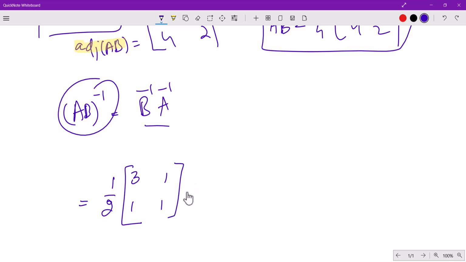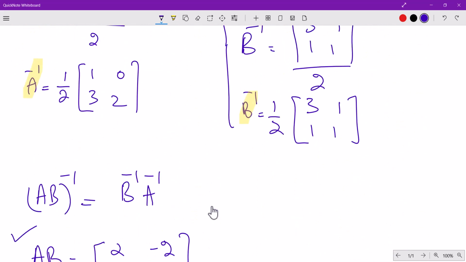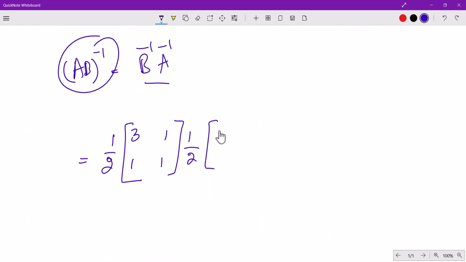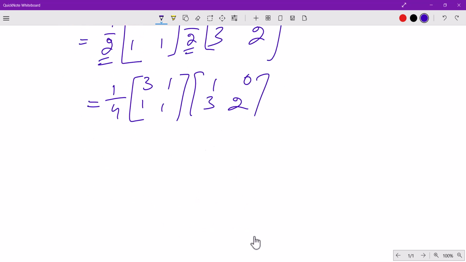And matrix A inverse is equal to 1 by 2 times 1 0 3 2. So we multiply them, taking 1 divided by 4 and then multiplying the matrices 3 1 1 1 and 1 0 3 2. So B inverse into A inverse is equal to 1 divided by 4 times the matrix product.